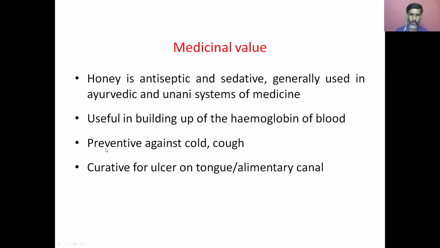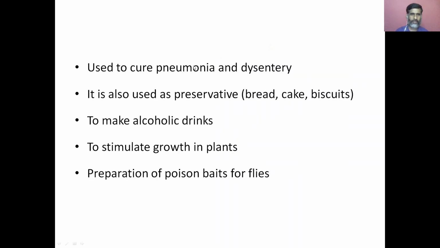It is also known to prevent cold and cough. It is curative for ulcers in the digestive tract, the alimentary canal, including the tongue. It is also used to cure pneumonia and dysentery.